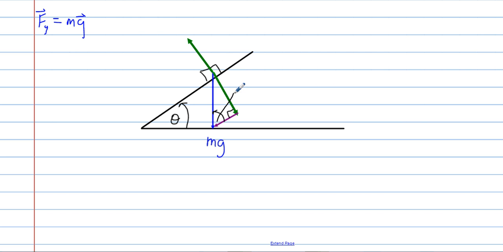These two are the components. This component, which is perpendicular to the surface and is opposite the angle theta, is the magnitude of the normal force. This force is the normal force. The magnitude of this component is also the magnitude of the normal force.